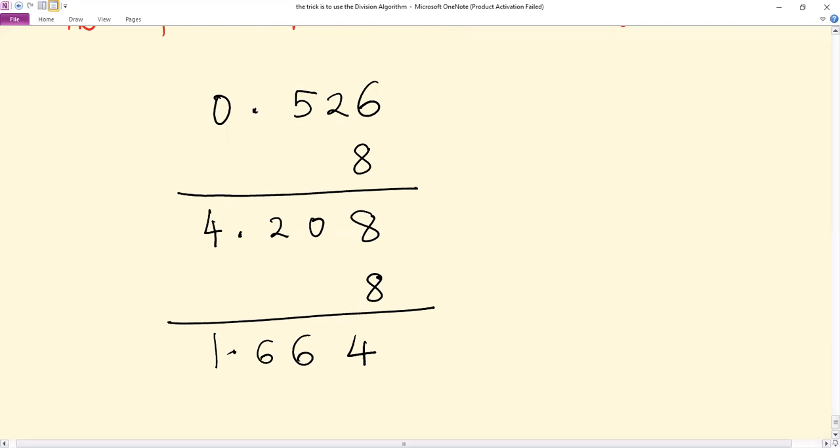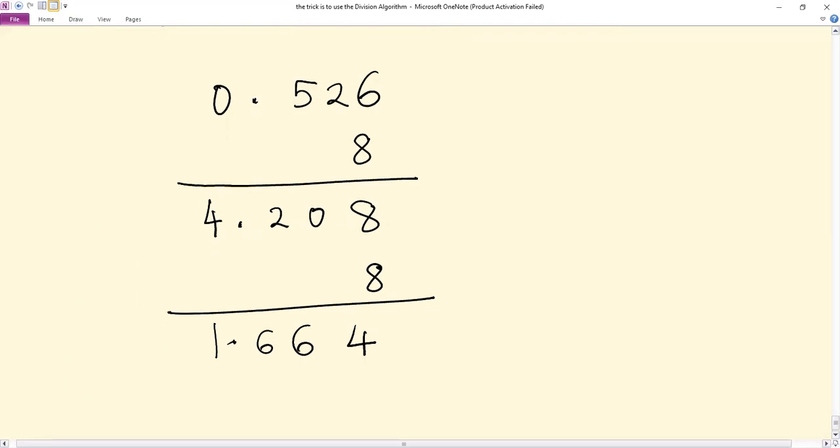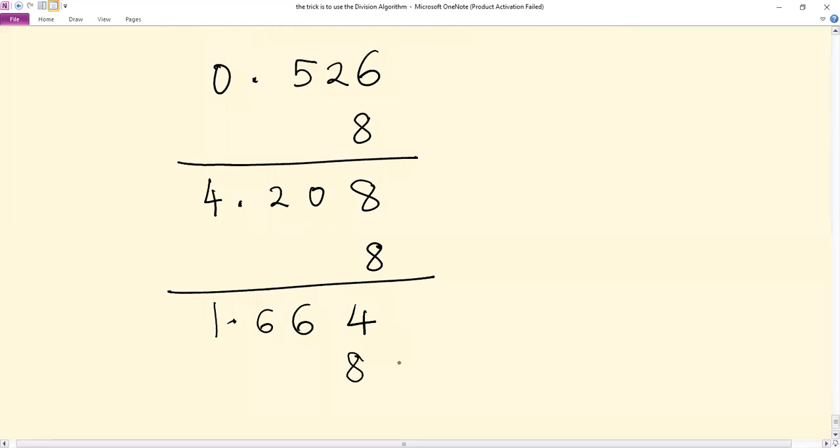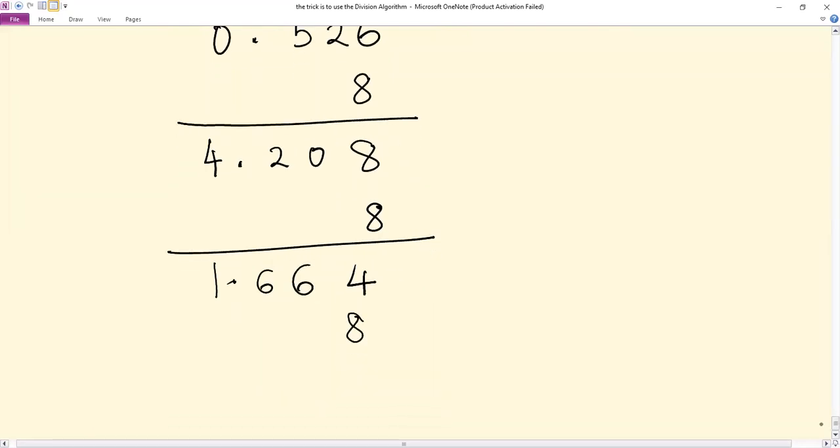So you don't include the 1, you just include the decimal part alone. Next, you multiply 0.664 by 8, and that will give you 5.312.